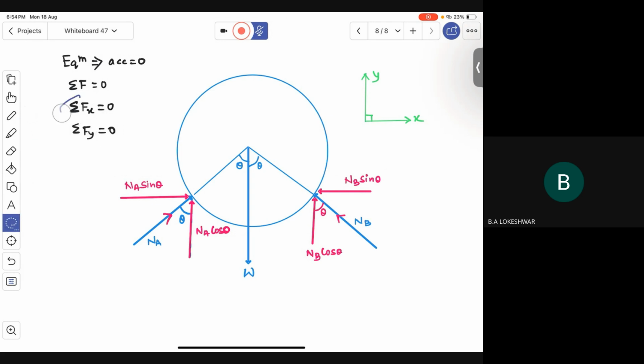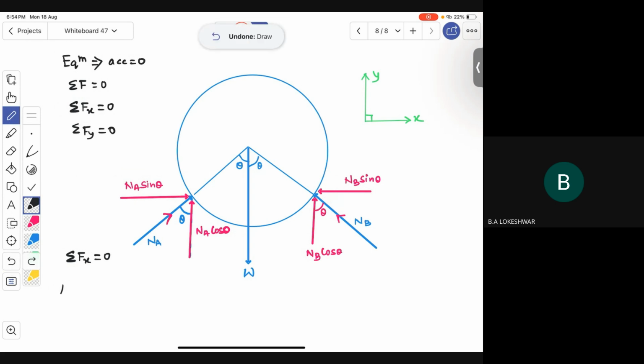So if I make net force zero along x, tell me what all forces act on it. Na sin theta on the left side, NB sin theta on the right side. Net force along x is zero. For that, Na sin theta must be equal to NB sin theta, correct? So are Na and NB equal?